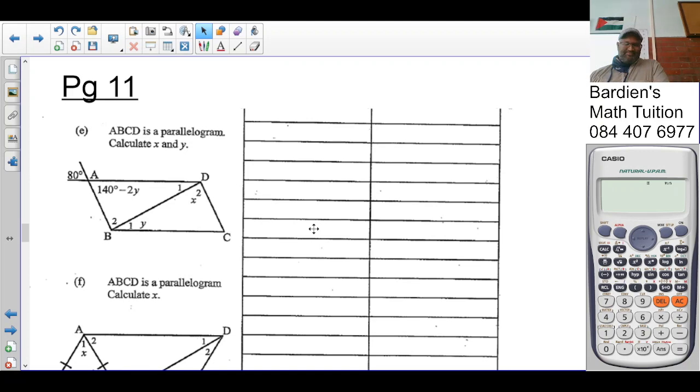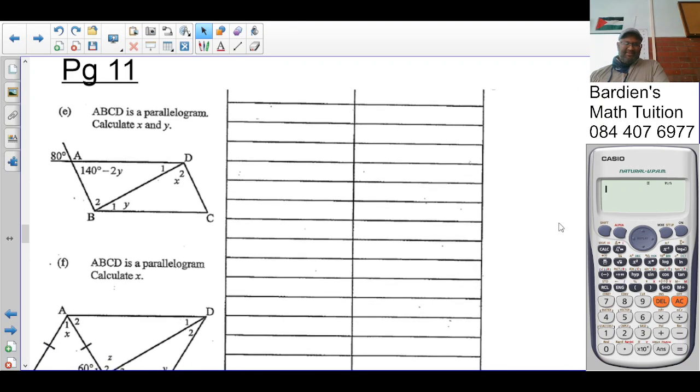Right. Let's look at E. We are told that ABCD is a parallelogram. Four properties come to mind. Okay. How are we going to solve for x, y, or x and y here?